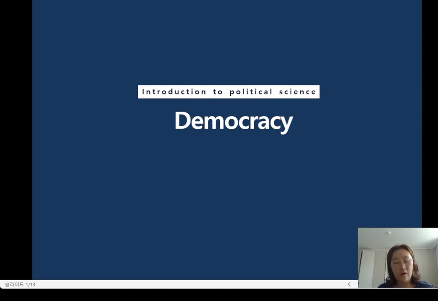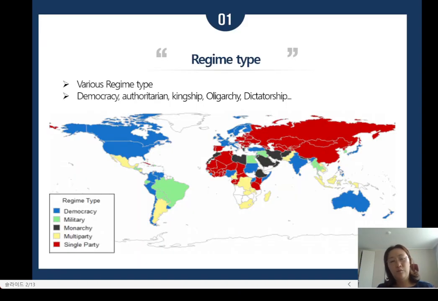That's what we call accountability. So because of these differences, we have to define what the definition of democracy is in modern times.